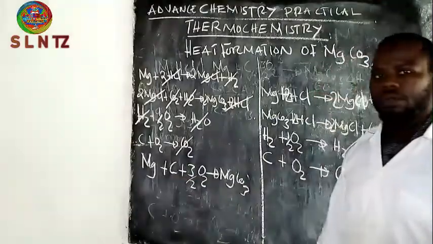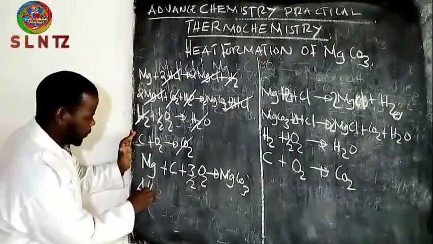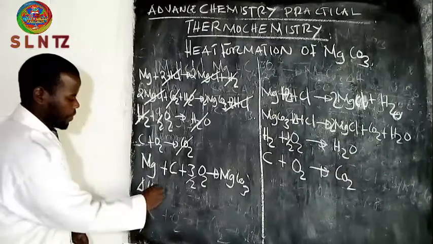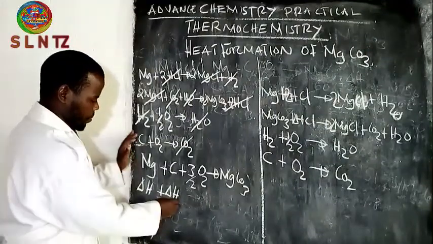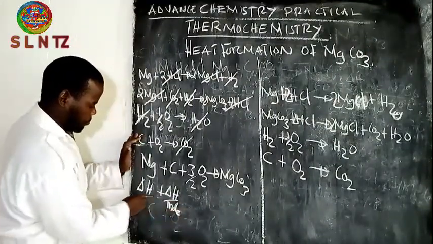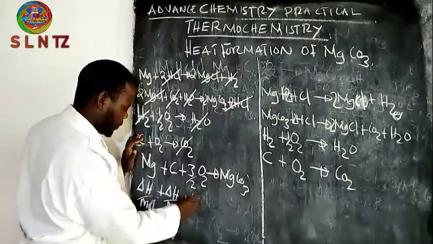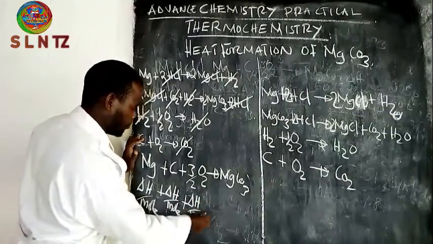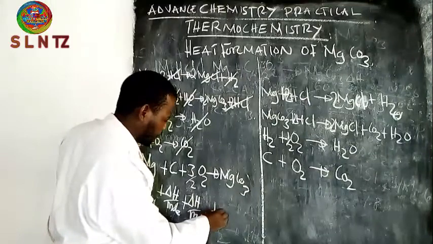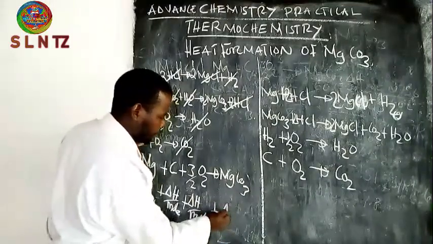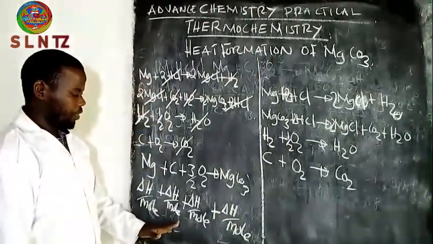It means we are going to add the molar heat of this one plus the molar heat of this one, 1 mole, plus the molar heat of oxygen, and then plus the molar heat of magnesium carbonate.